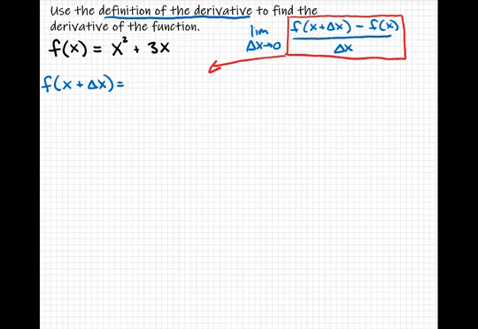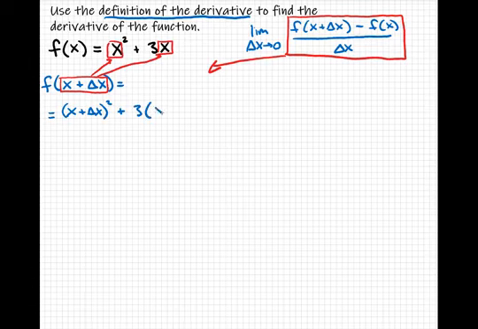So this x plus delta x is going in here for this x and here for this x. So what does that look like? That's x plus delta x squared plus 3 times x plus delta x.